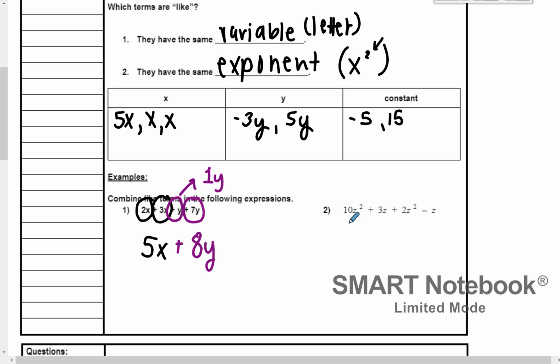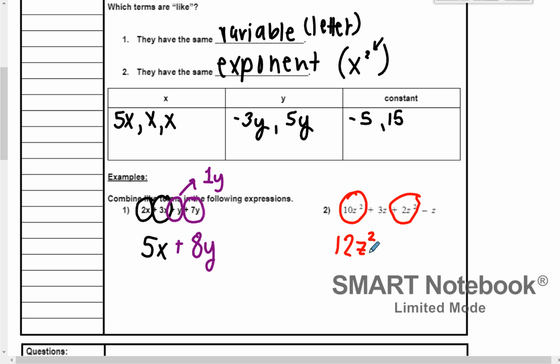Okay. Number 2. We have 10z squared. They have to have the same letter, same exponent. So 10z squared is not a like term to 3z. So 10z squared, looking for more z squareds, plus 2z squared. And those are my only z squared. So 10z squared plus 2z squared is 12z squared.